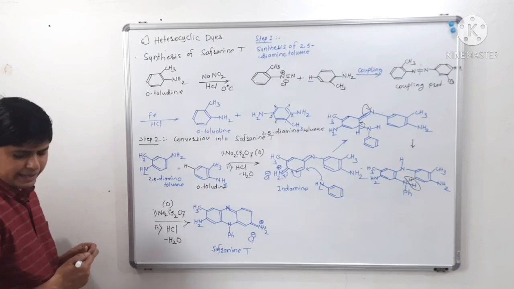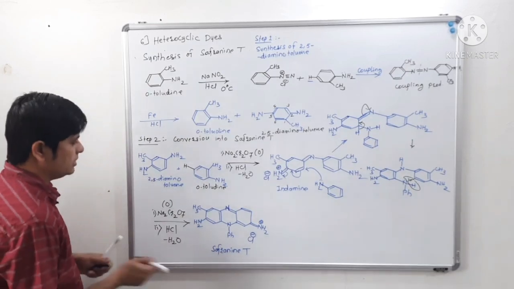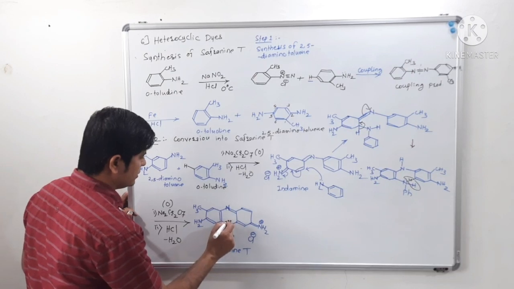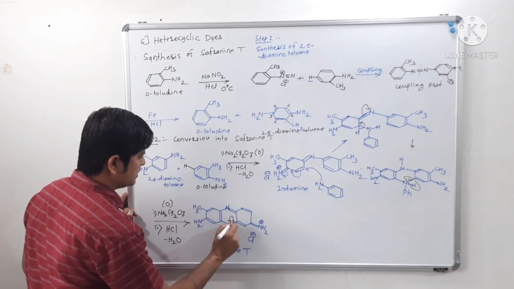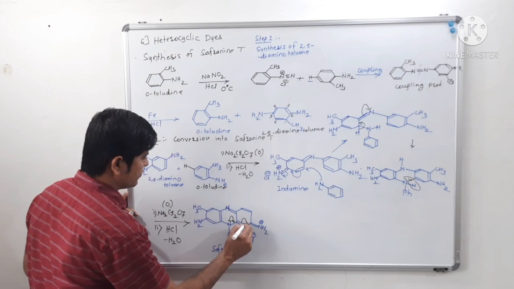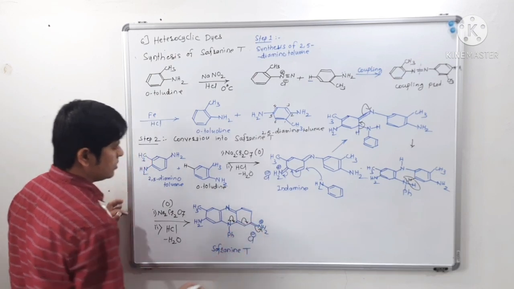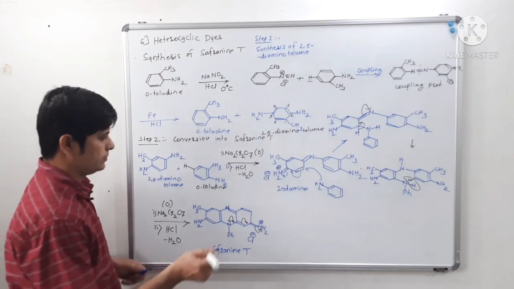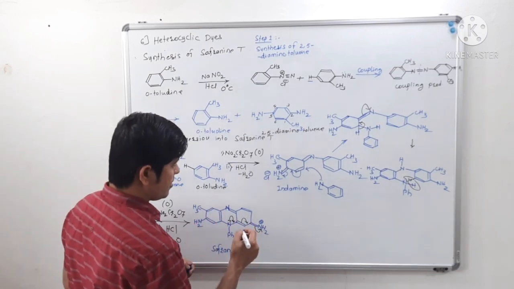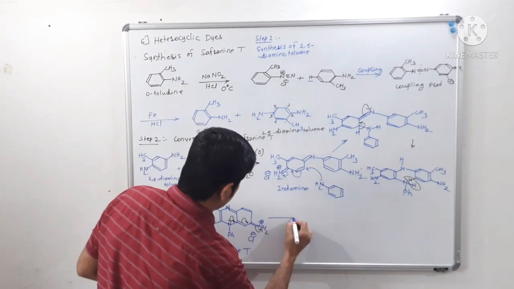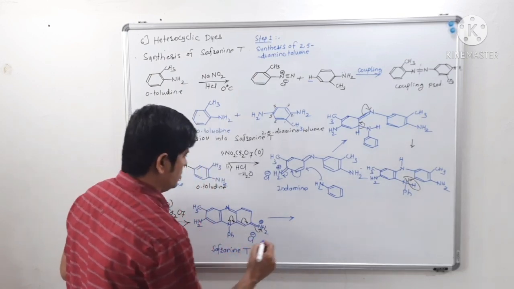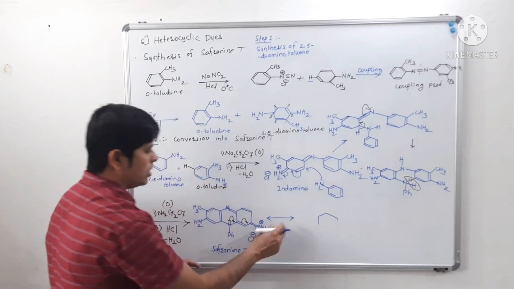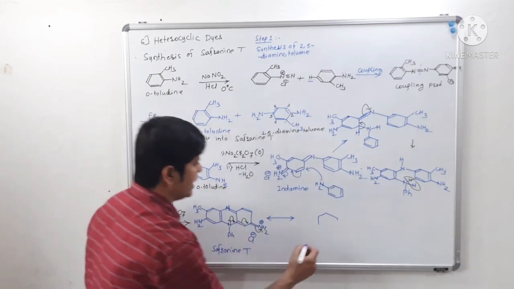Now we can write a resonating structure for this safranine T, like this. So we will have a next resonating structure. See, these two are resonating structures, hence I am showing an arrow like this.